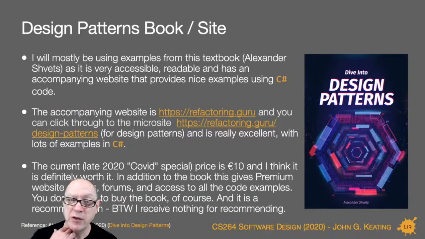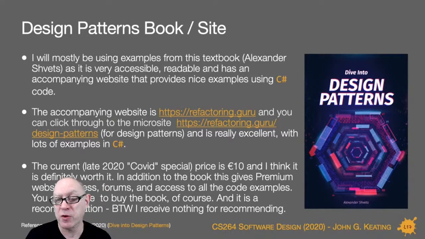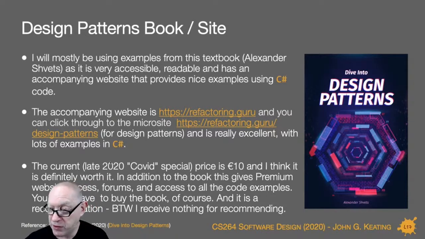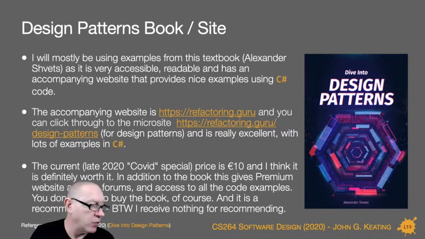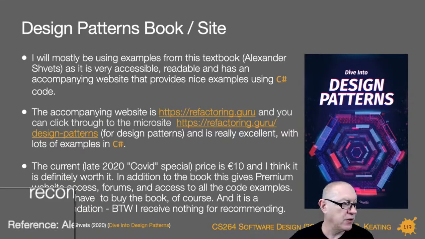Just to remind you from last time, most of the examples I tend to use will be from this book, Dive into Design Patterns, and we'll use some of the code directly from there and some of the structural information and diagrams. Again, you can check this out on refactoring.guru. You'll notice that I have references at the bottom of the page here, so it would be a good idea to look at those.